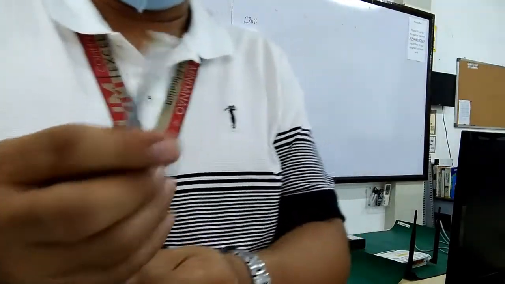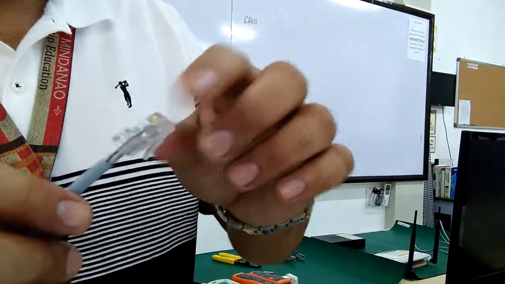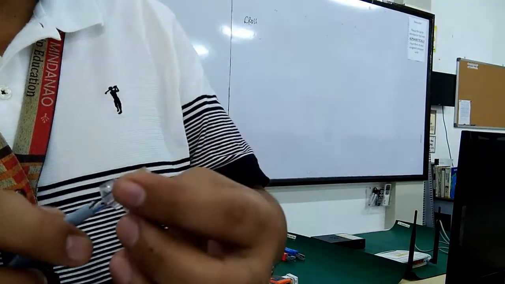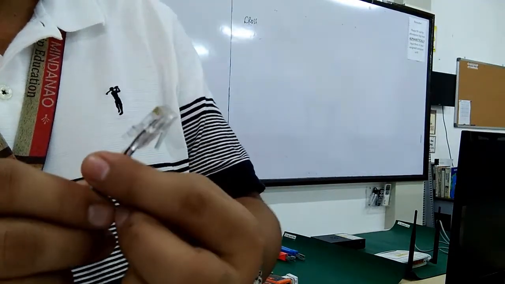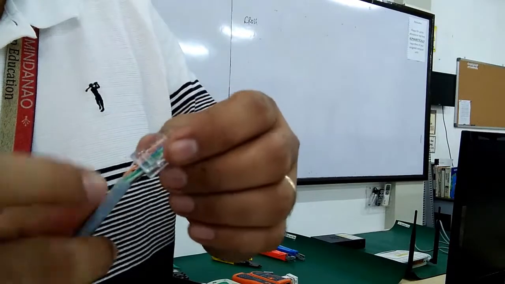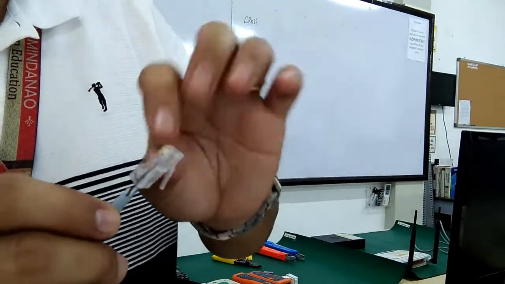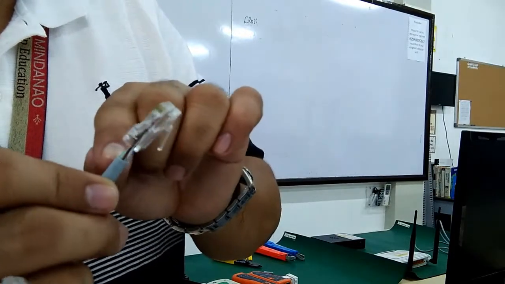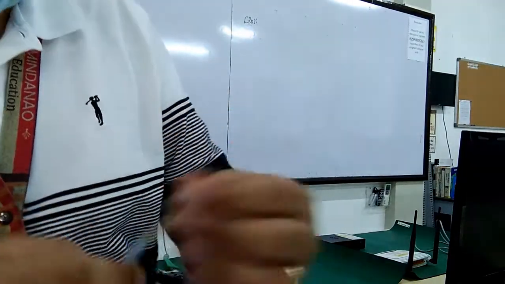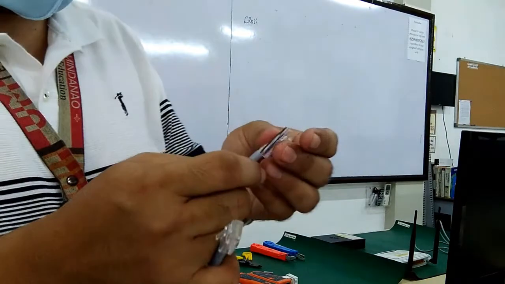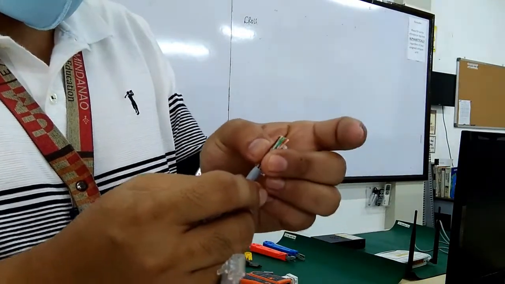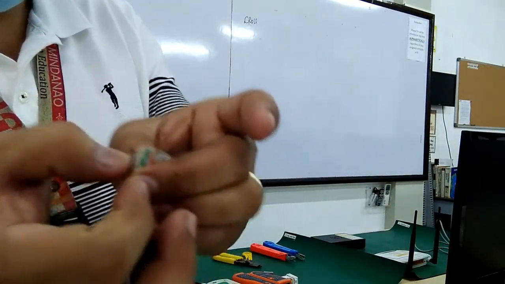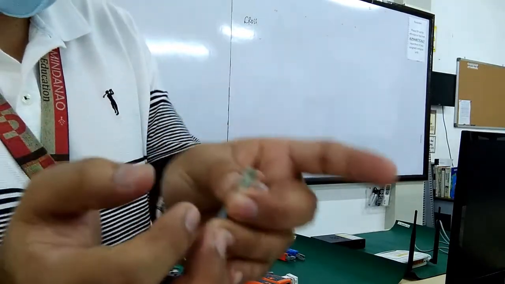If you notice, we're going to cut a little bit here so that this portion of your cable will be inserted here, so that when you lock your RJ45, this will be included. So we're going to cut until here.